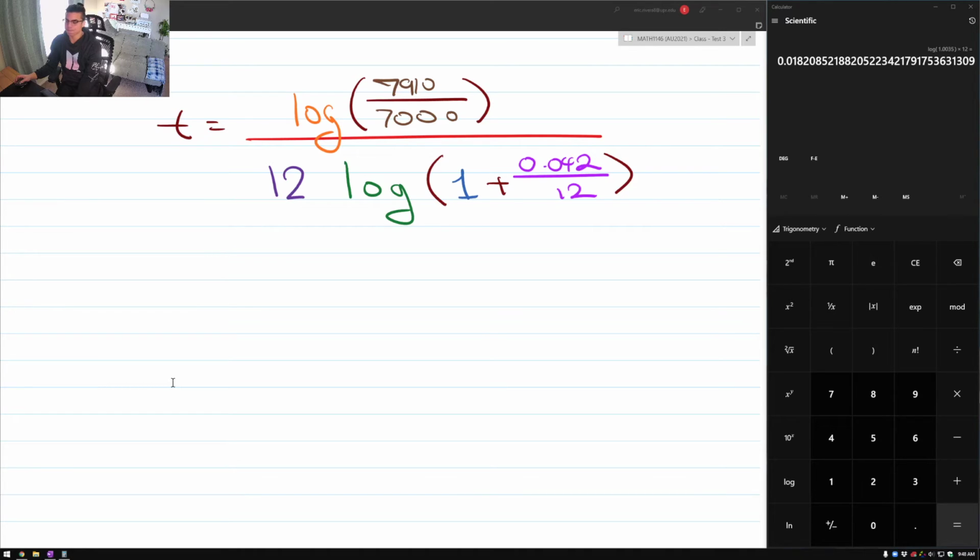So how do I make this value into the denominator? I have a key here, 1 over x. That gives me the reciprocal of the value that is on the screen of the calculator. So 1 over x, that is the reciprocal. Right now what we are seeing here is 1 over 12 times log of 1 plus 0.042 divided by 12.